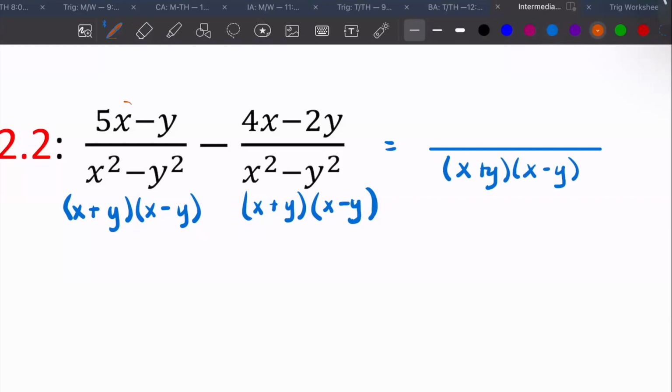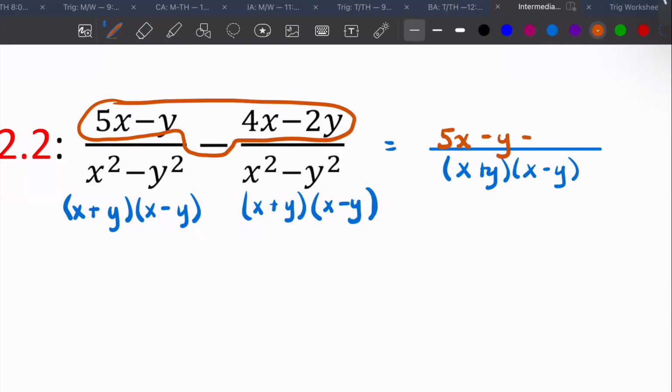Now, just look at that numerator. So we have 5x minus y, minus, and we're going to keep it in parentheses, (4x minus 2y).